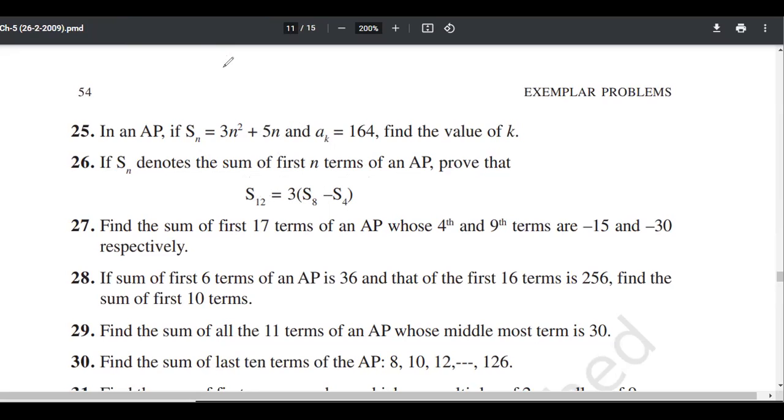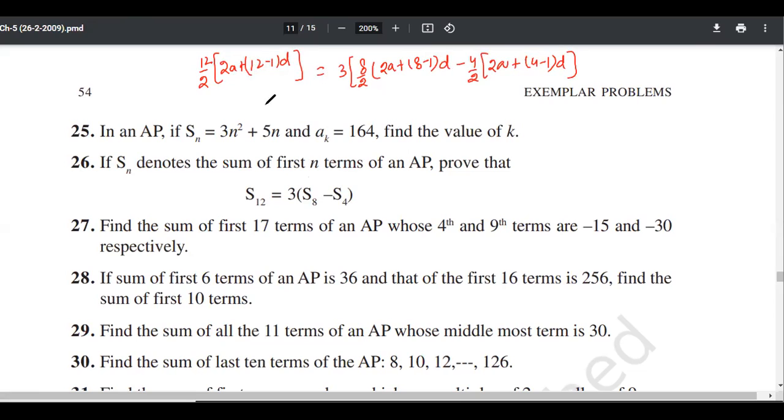For example, if you calculate these 12 terms, S12 will be 12 by 2 bracket 2a plus 12 minus 1 into d. The sum of 8 terms of an AP would be 8 by 2 bracket 2a plus 8 minus 1 into d, minus 4 by 2 bracket 2a plus 4 minus 1 into d.